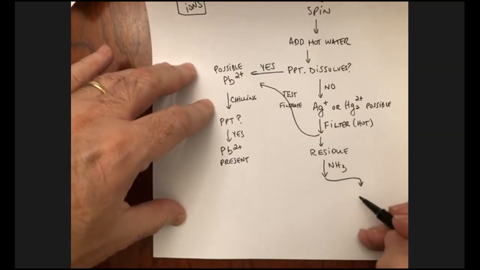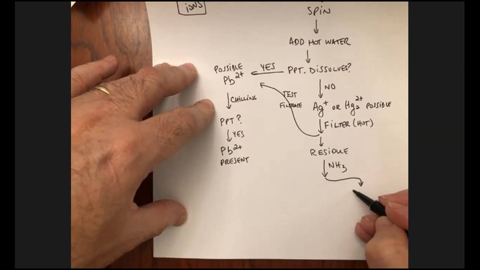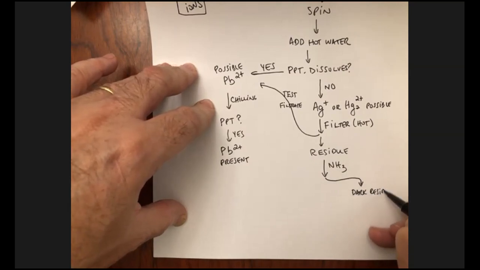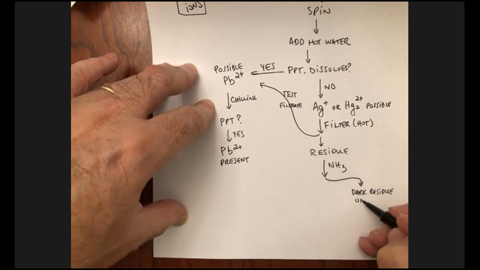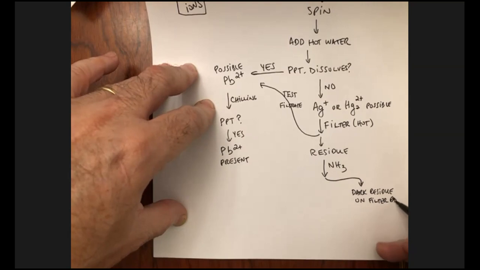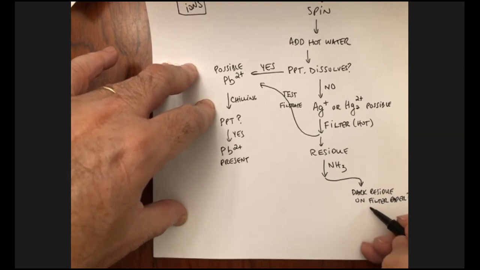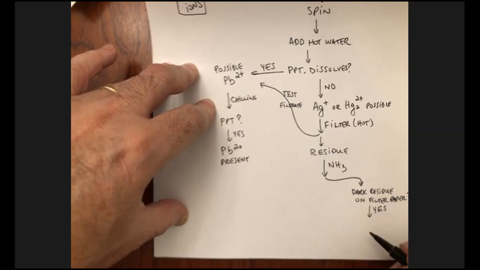Your ammonia wash, and you ask, do I have a dark residue on the filter paper? If the answer is yes, then that means that mercury ions were present.